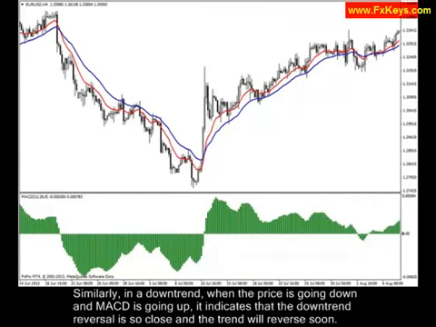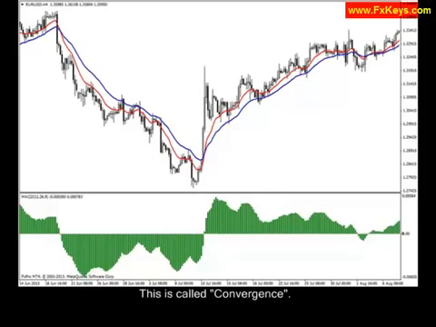Similarly, in a downtrend, when the price is going down and MACD is going up, it indicates that the downtrend reversal is so close, and the trend will reverse soon. This is called convergence.